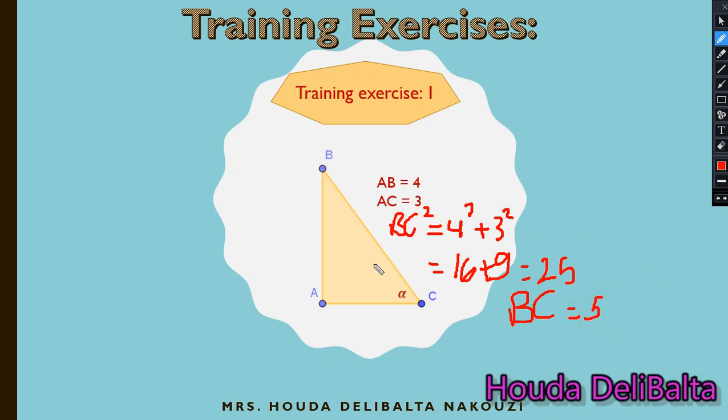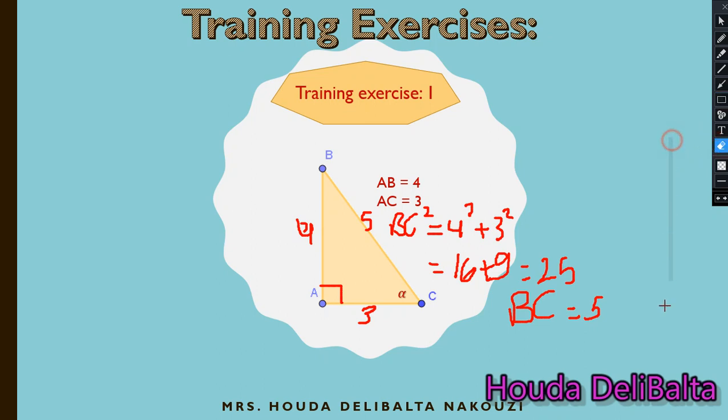And you know, this is the most famous right triangle. It is having the sides 3, the shorter one, then the middle one is 4, and the longest one is 5. So this is the famous right triangle that has sides 3, 4, 5. And here is the right angle A.